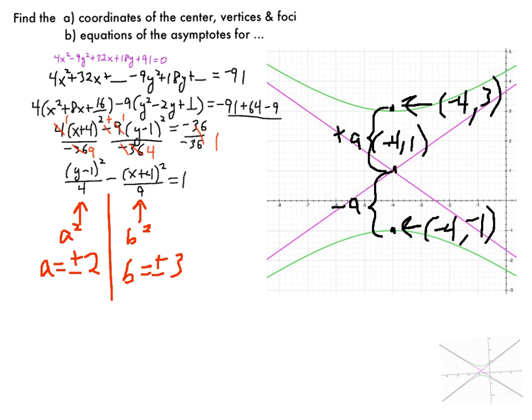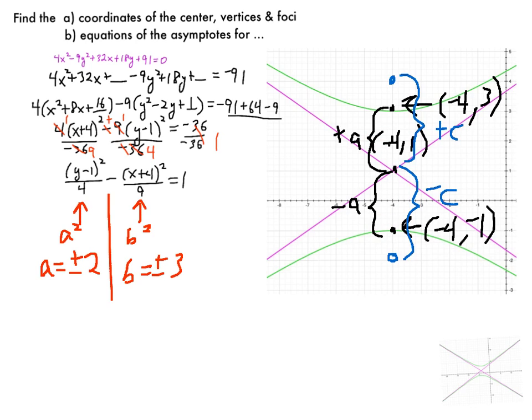Now the foci. Well, they're going to be somewhere over here and somewhere over here. I'm not sure exactly where, but this distance is plus or minus c. Remember, with a hyperbola, the c value is bigger than the a value, so we're going to treat c as our hypotenuse when figuring it out.